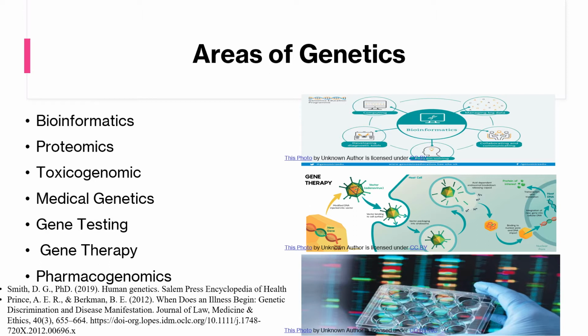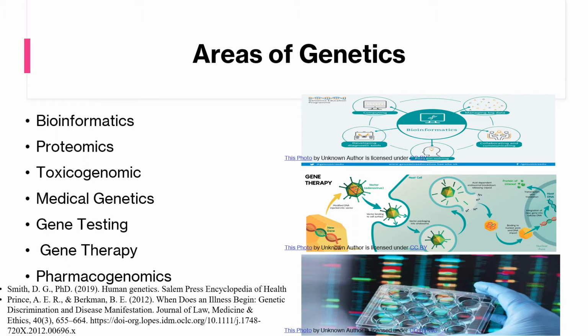There are bioinformatics, proteomics, toxicogenomics, medical genetics, gene testing, gene therapy, and pharmacogenomics. Let's start with bioinformatics. Bioinformatics is an area that helps organize, store, and analyze genetic biological information in a precise manner.